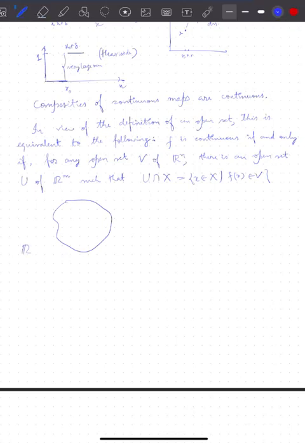Of course, this entire space is Rm, and then you have X or maybe U inside, and this set is say X, and then you have some Y here. The set is Y, it lies in Rn space, and you have a small subset V. So F is continuous if and only if for any open set V of Rn, there is an open set U of Rm. So that's how you are able to map the neighborhood of all the points here to the neighborhood of all the points here.